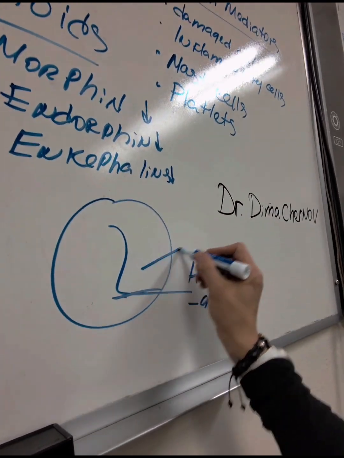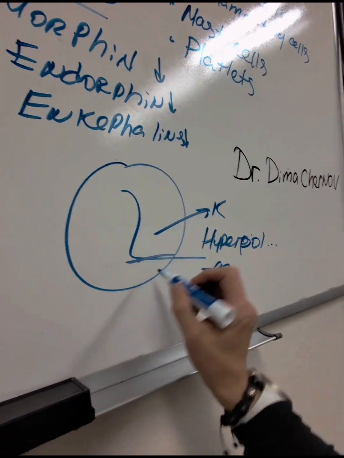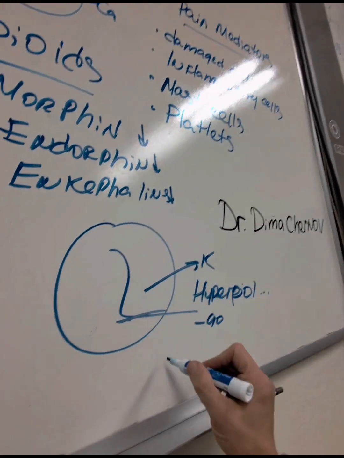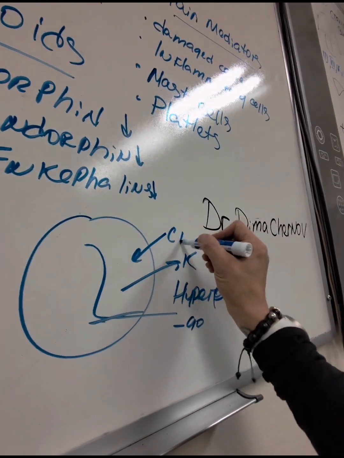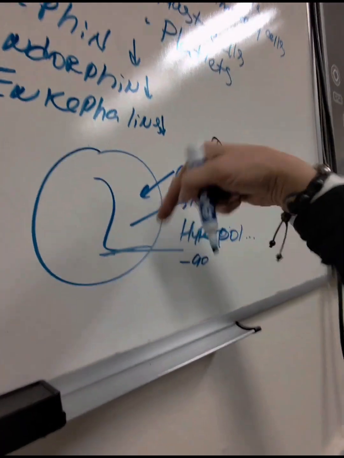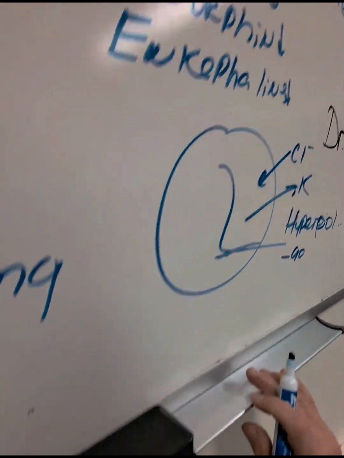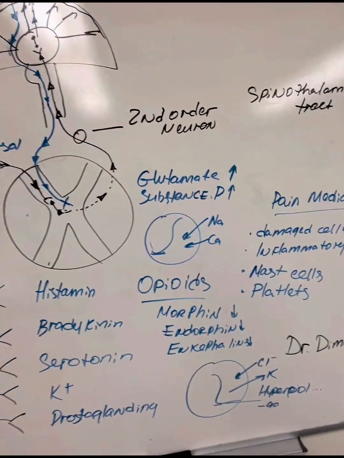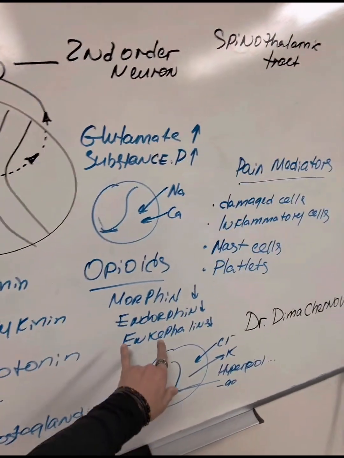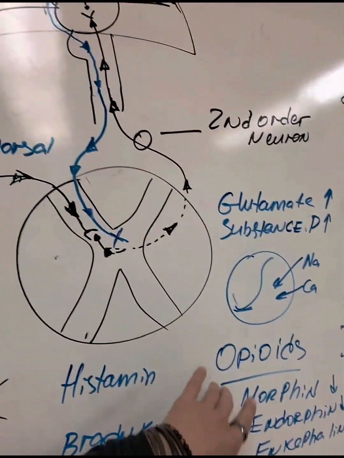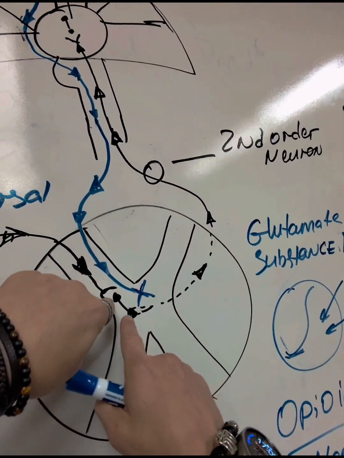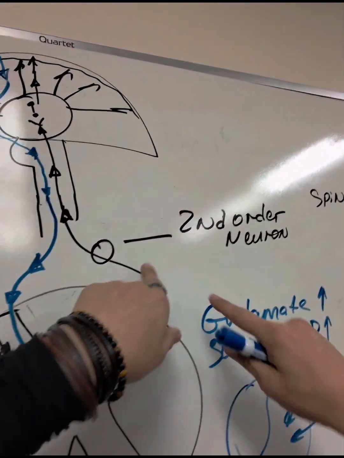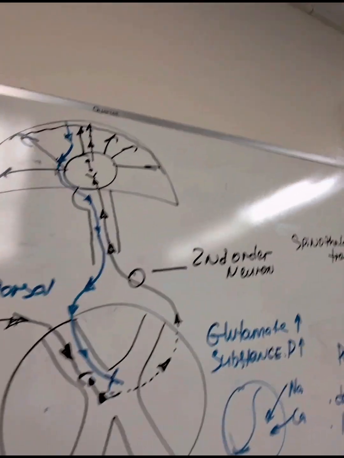Hyperpolarization meaning you will remove potassium to hyperpolarize the membrane to go to -80 or even lower. Or you can bring in negative chloride. By bringing in negative chloride, you will definitely hyperpolarize the membrane, so you will enter the refractory period. So basically, endorphins, opioid-likes, will block these neurotransmitters from transducing this electrical impulse to the second order neuron.